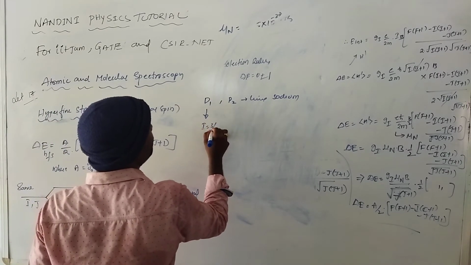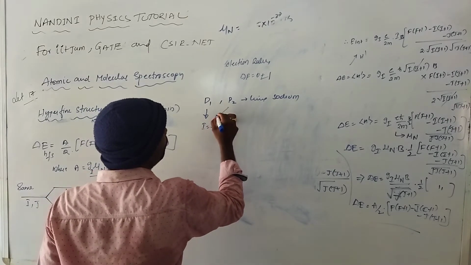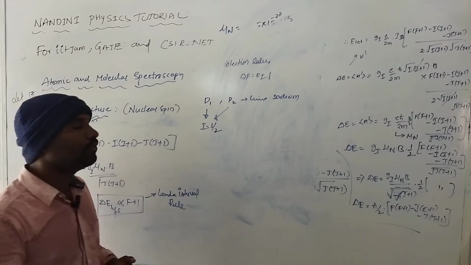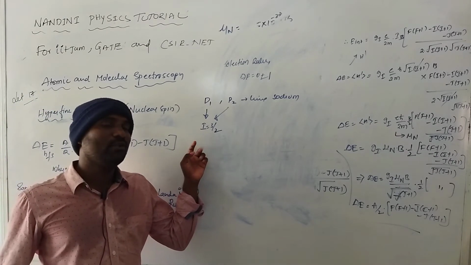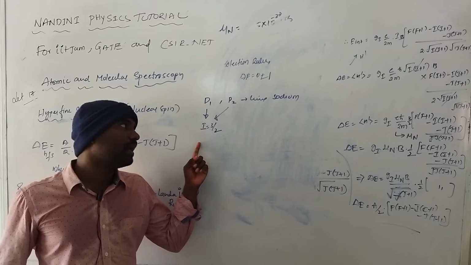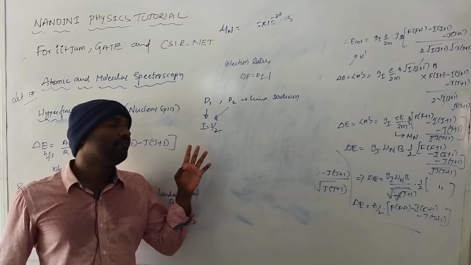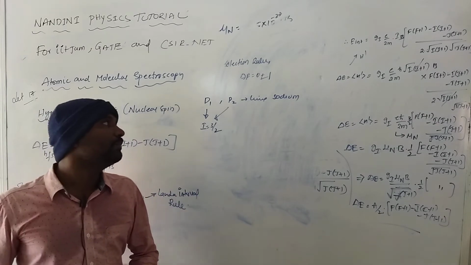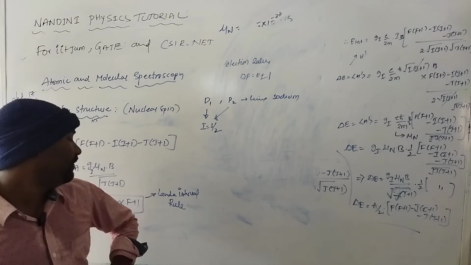I is equal to 3 by 2 only. Both for D1 and D2, the nuclear spin is always capital I is equal to 3 by 2. How will you get this nuclear spin? By using nuclear and particle physics. In that we find out the nuclear spin, which is 3 by 2 for the sodium atom D1, D2 lines.